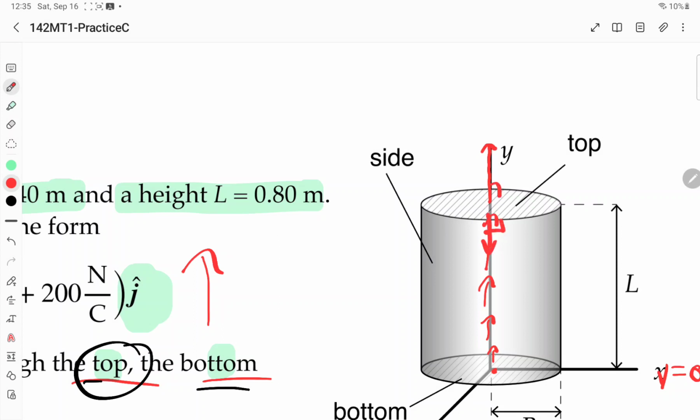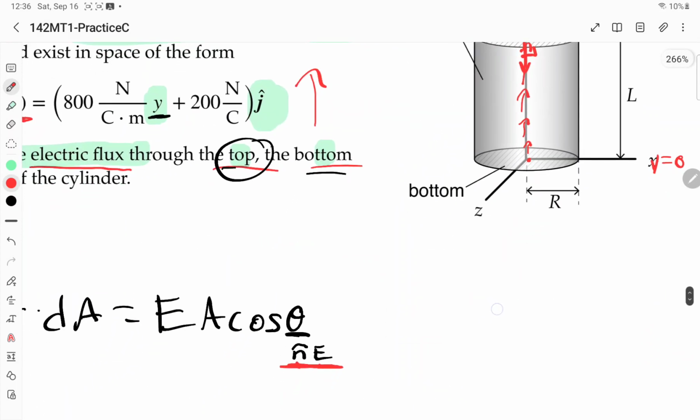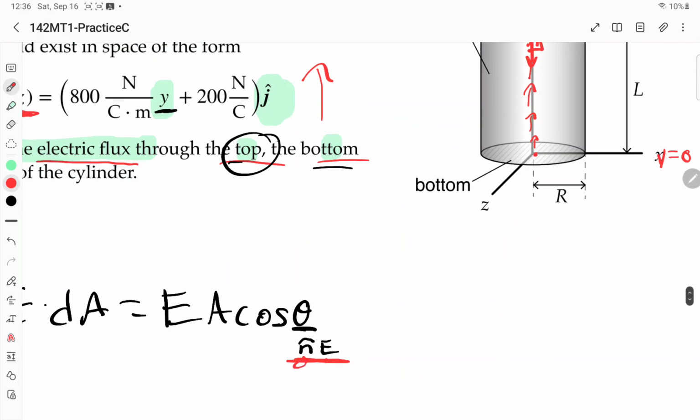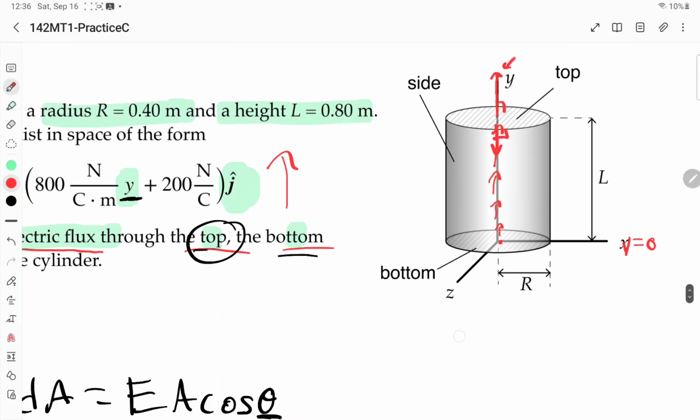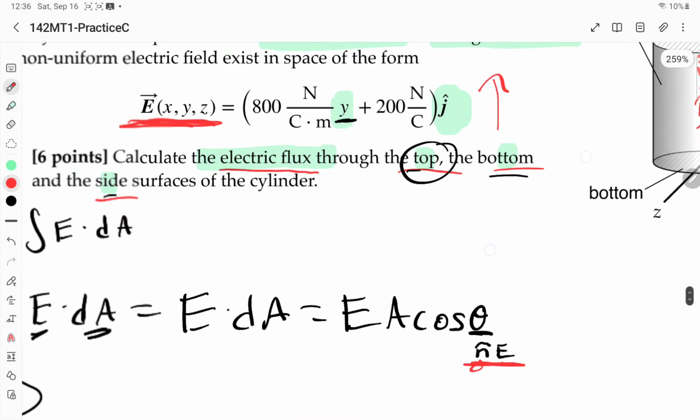A lot of kids ask me, why are you choosing this top one and not downwards? Both are 90 degrees to the surface. Well, we want a specific vector pointing out of the surface, normal out of the Gaussian shape you're making. If we did down, you're inside the Gaussian surface. That's not what we want. We want perpendicular, out of the surface itself. That's why we're using this one here.